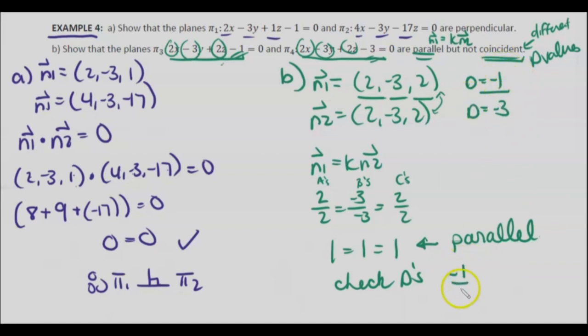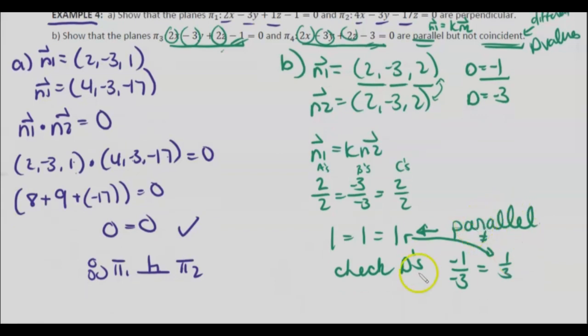So negative 1 divided by negative 3, we get 1/3. Okay, so 1 and 1/3 are not equal. So that means that it's not this exact same plane. So therefore, they are parallel, but not the same, which means not coincident.